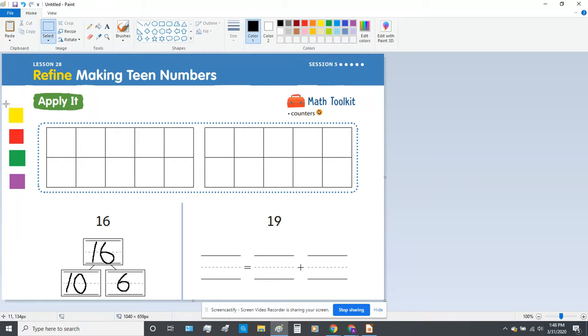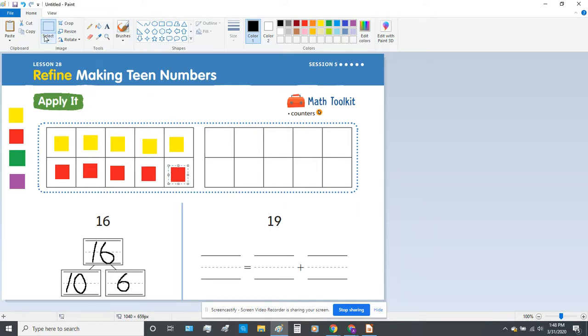When you use your cubes, begin with your yellow, and you're going to put 5 yellow cubes on the top, followed by 5 red cubes on the bottom to make a completed tens frame. And then we're going to need 6 extra.